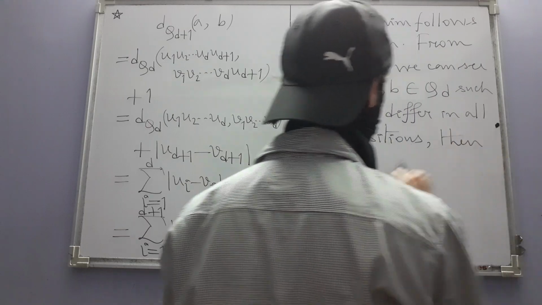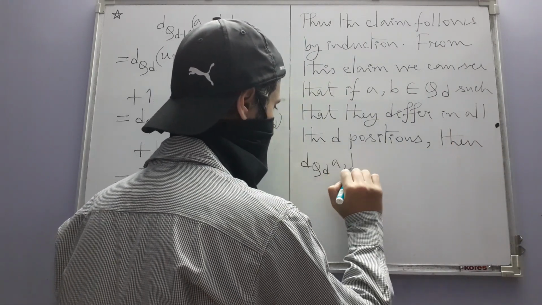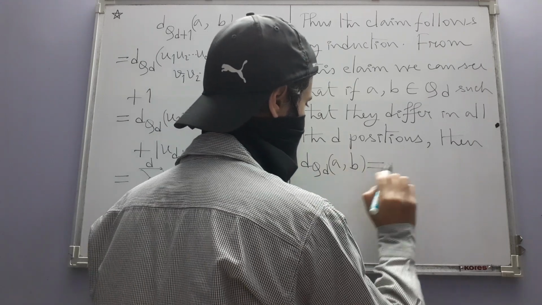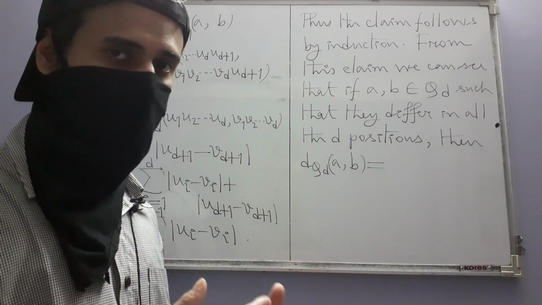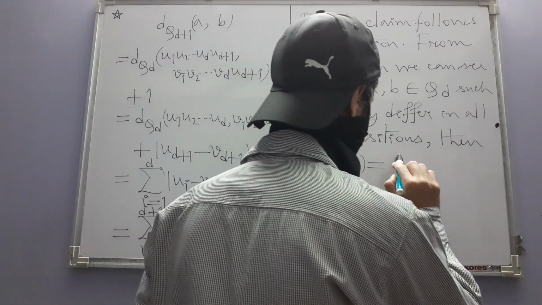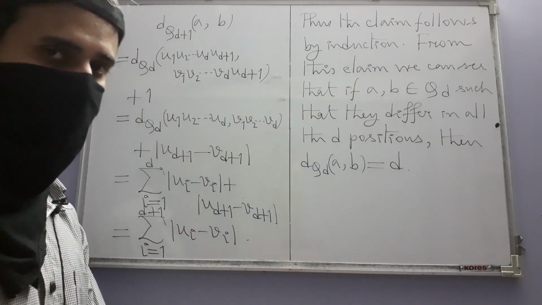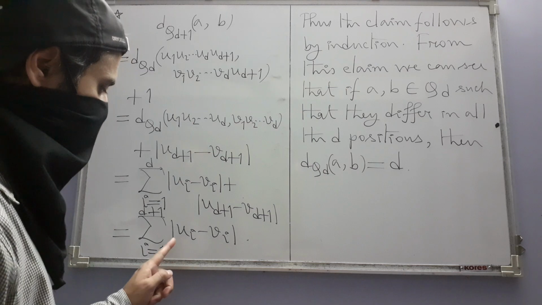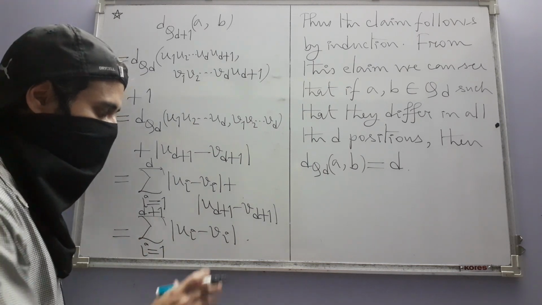Then the distance between A and B in QD is going to be, so in our sum of D terms, all the terms are going to be 1. So this is equal to D. And that is the largest distance possible due to the nature of this formula. There are no cancellation or anything.